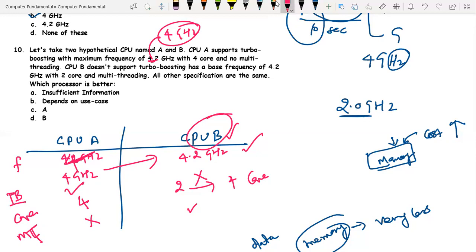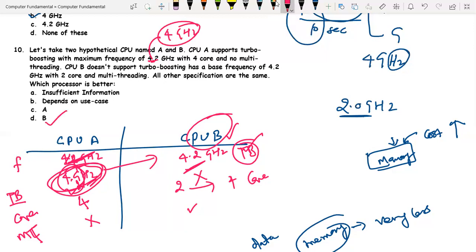And even though the speed is 4.2 gigahertz, this one is not turbo boosting and this one is turbo boosting, which means you don't always get 4.2 gigahertz, while here you always get 4.2 gigahertz. So in terms of processor capability, B is the better option.